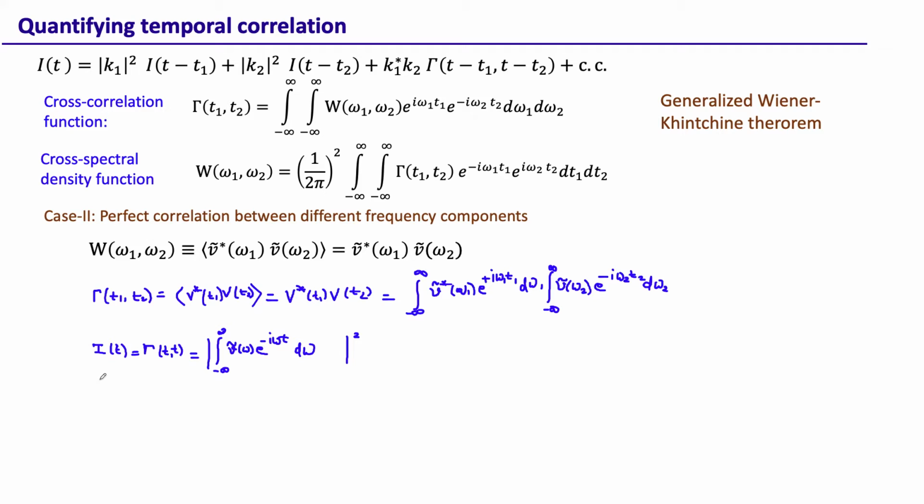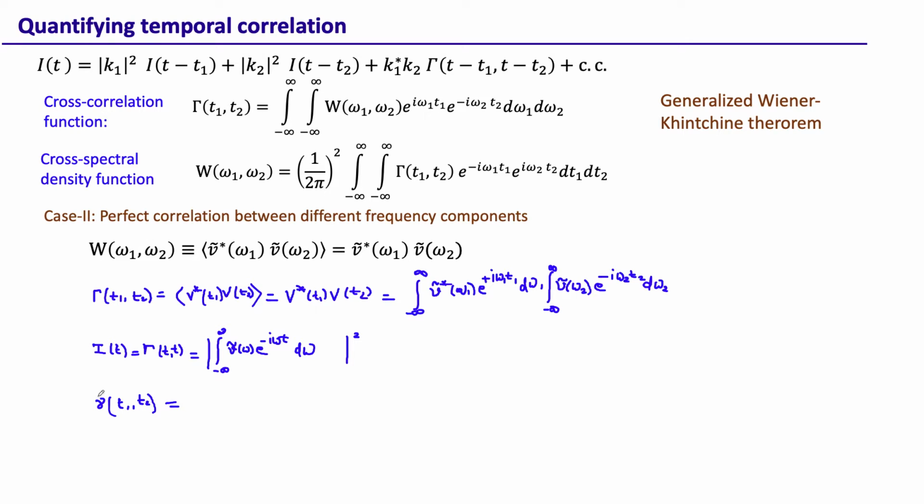And in fact, we can also look at the degree of coherence function, small gamma(T1, T2). Since there is a perfect correlation in frequency, we expect perfect correlation in time as well. But let's see if we can get it.